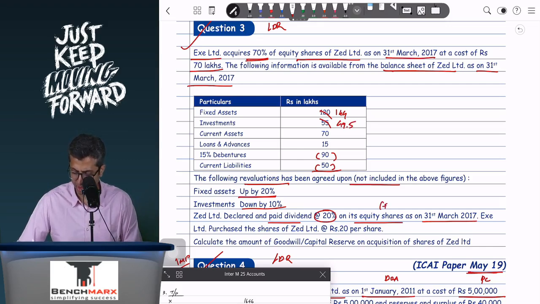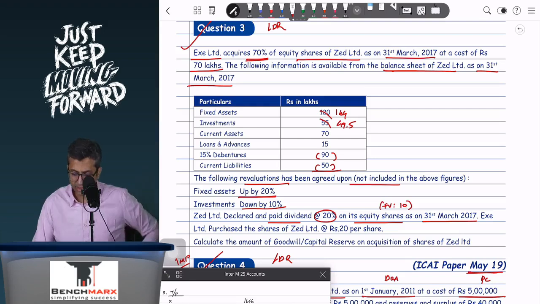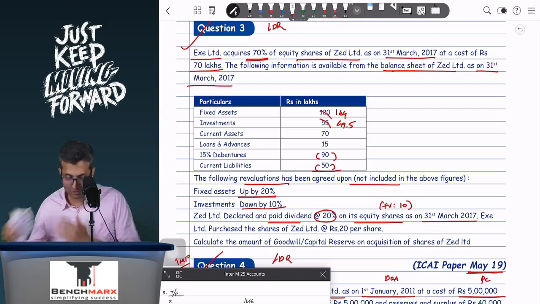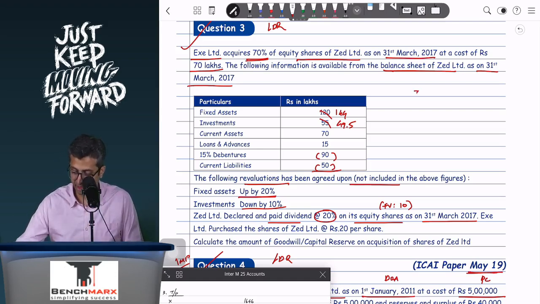Let us say over here you say that the face value is rupees 10 per equity share. EXC Limited purchased the shares of Z at rupees 20 per share. Now, how many shares are there and what will be the dividend value? So over here, if I look at 70 lakhs divided by rupees 20 per share, 70 divided by 20 comes to, I think, 3.5 into rupees 10.